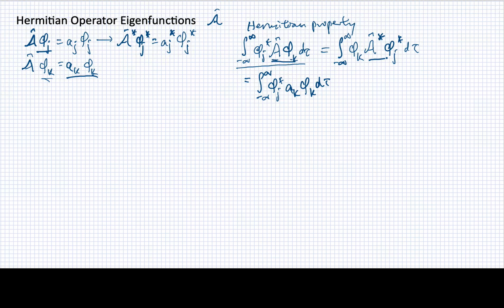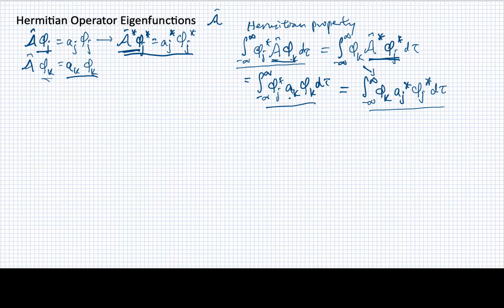Similarly, here I'm operating on phi sub j, and I've already taken the complex conjugate of this, so I can immediately write down that the operation here is going to give me the integral phi k. Now, a star on phi j star, as I've got over here, gives me a j star phi j star. And now, since they both obey the Hermitian property, these two things must be equal to one another. So this must be equal to this.